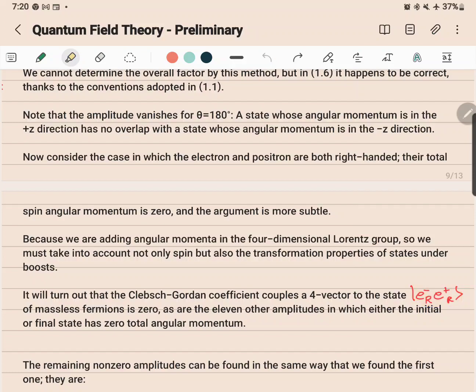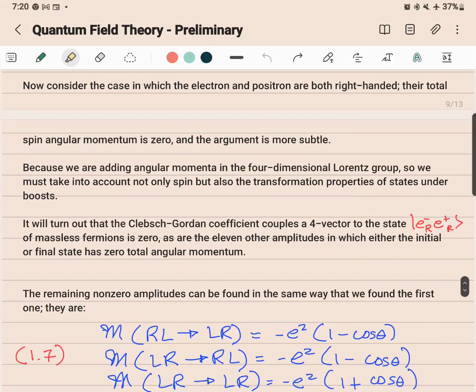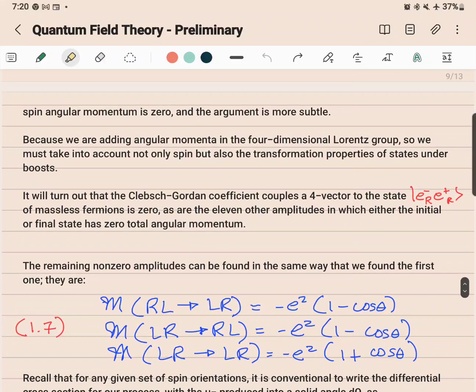of massless fermions is 0, as are the 11 other amplitudes in which either the initial or final state has 0 total angular momentum. In that case, the sum of the spin of electron and positron is 0.